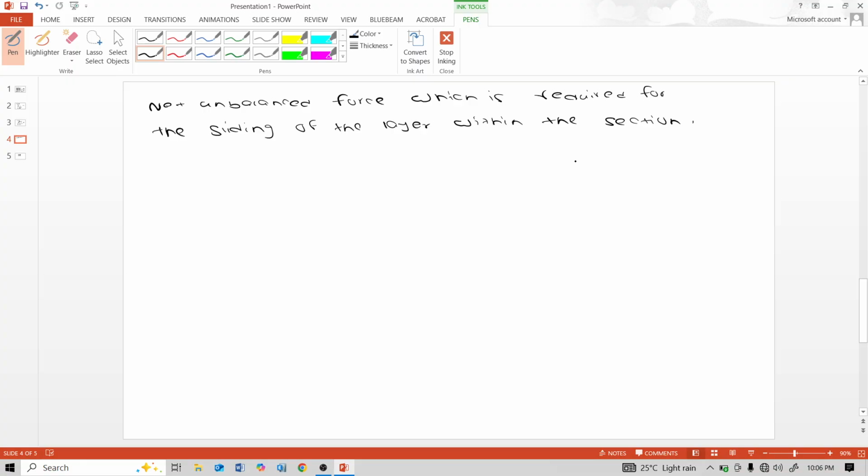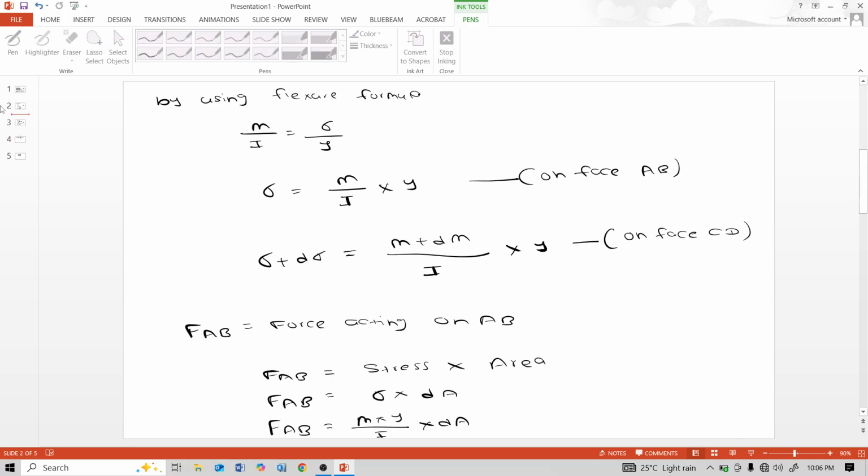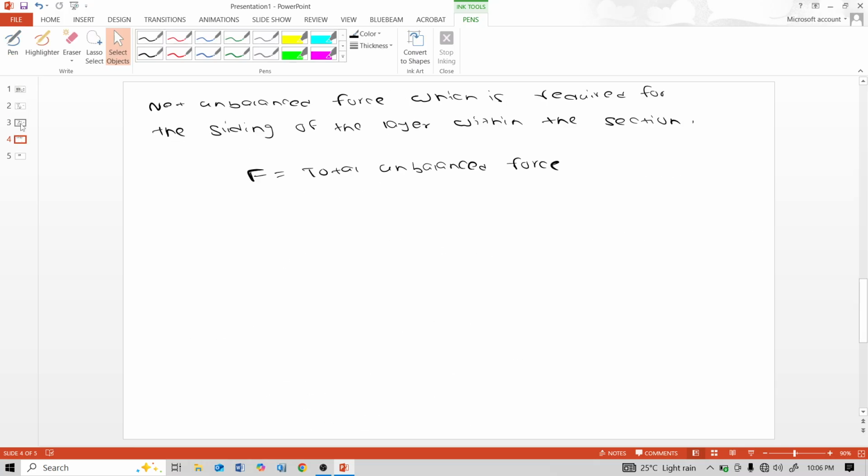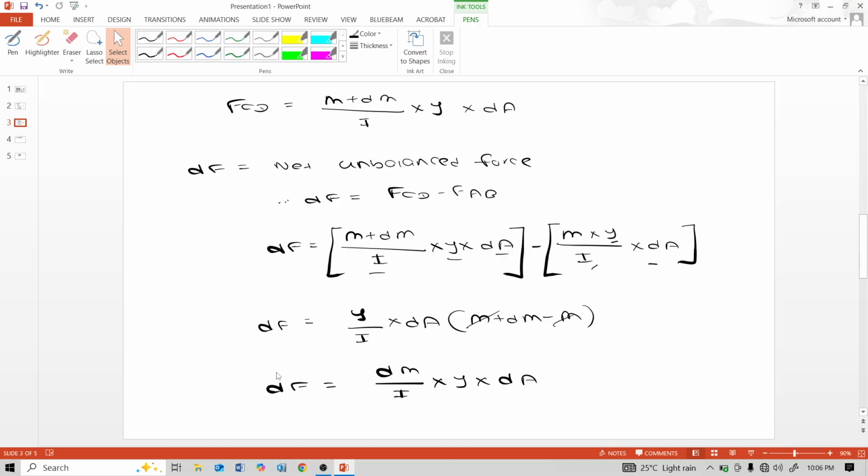Now capital F is equal to the total unbalanced force. So for the total unbalanced force, integrate dF.